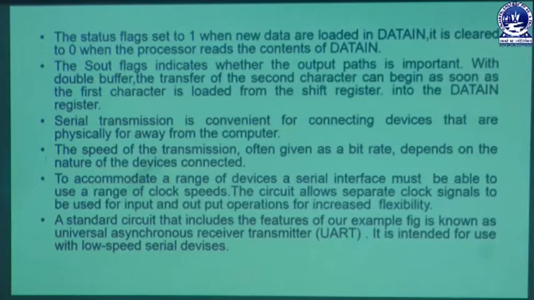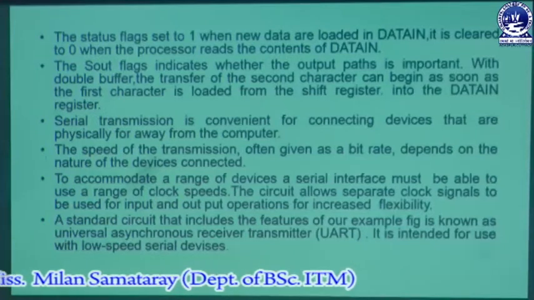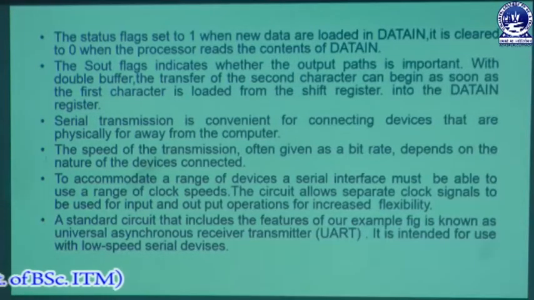So the S out flag indicates whether the data has to be displayed on some output device or not, and it uses a double buffer. The transfer of the second character can begin as soon as the first character is loaded from the shift register.